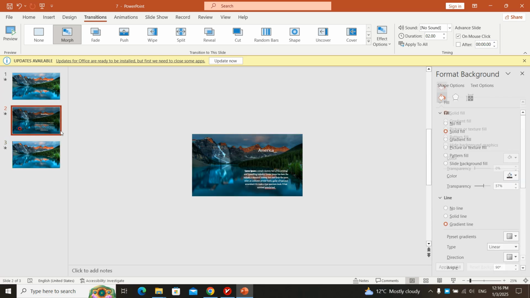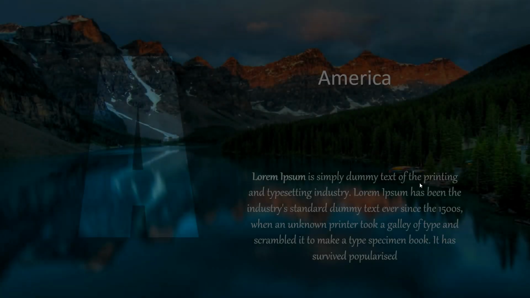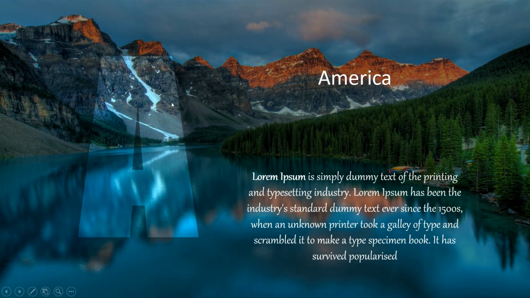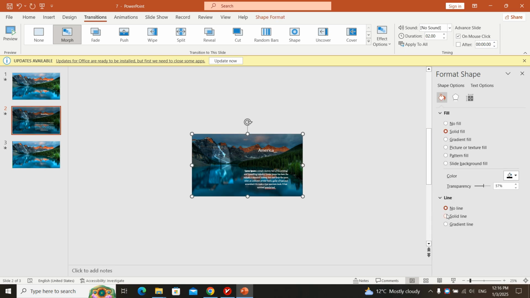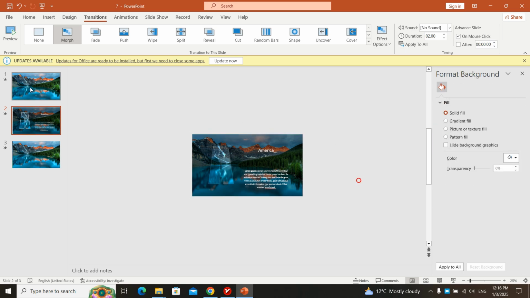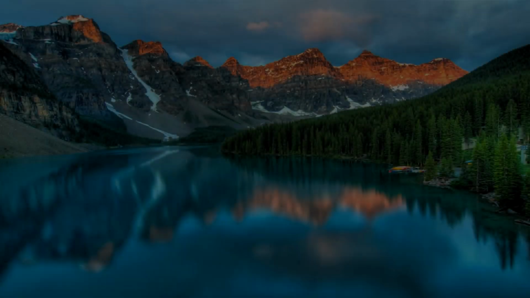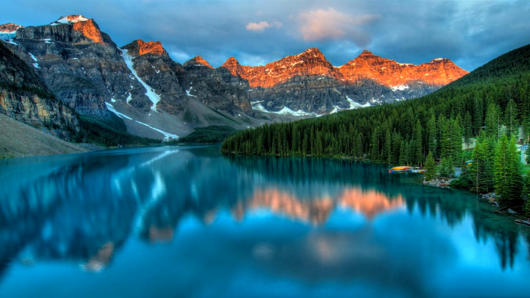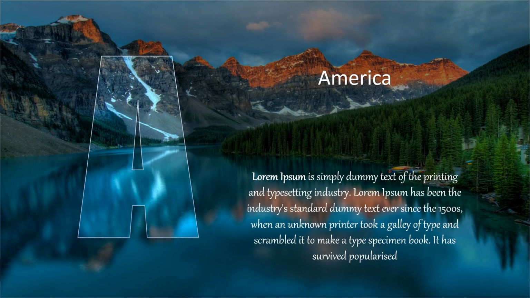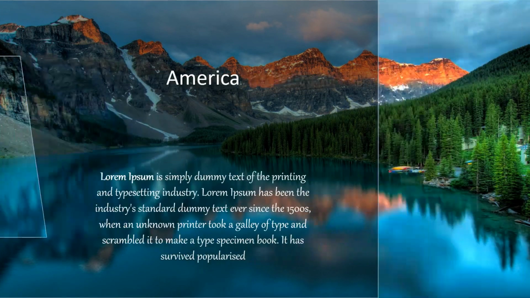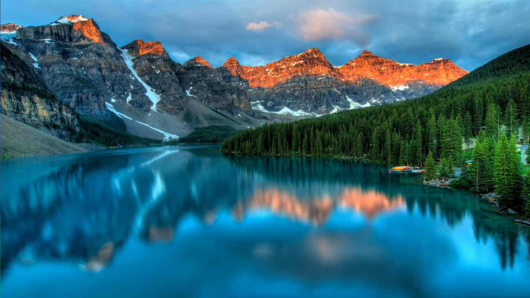Now, if you see the transition, let me apply this to this shape too, gradient line. Now see the new transition. These are some great colors for you to see better.